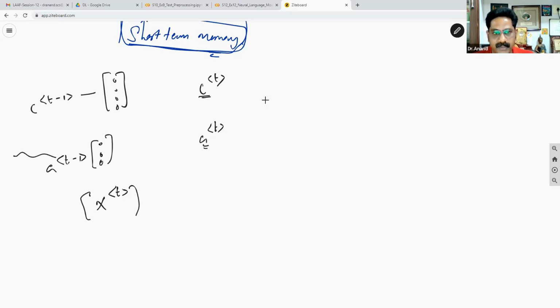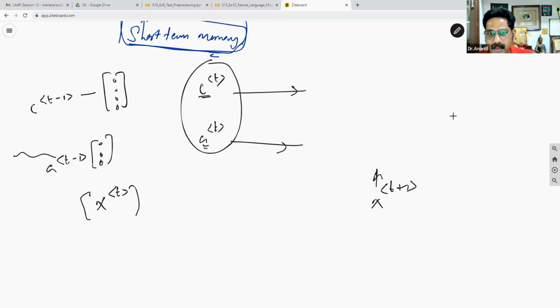The final y cap of t is based on the combination of C of t and A of t. Once this is computed, it is used for each state output, and this is also carried forward to the next state x t plus 1. For the next state token, your A of t is carried forward, because this is going to act as my past memory to compute my current A of t plus 1 and my current C of t plus 1.